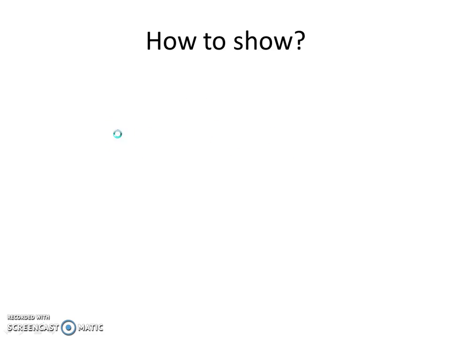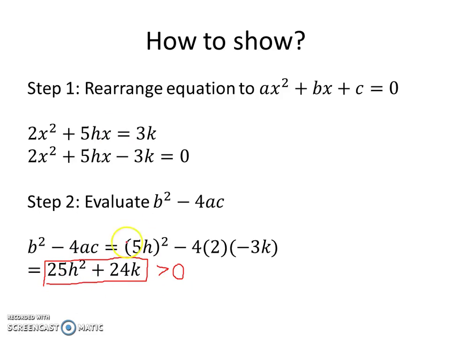Now, let's go back to our term. This is our term for b squared minus 4ac, right? 25h squared here will always be positive, or more than or equal to 0. Correct? Because we talked about all squared terms. Any positive number times anything squared will always give you something positive, right?